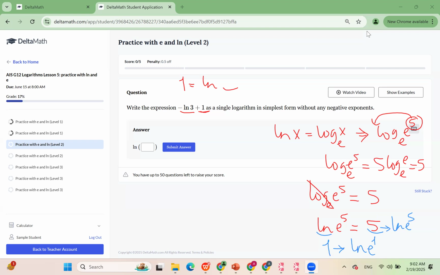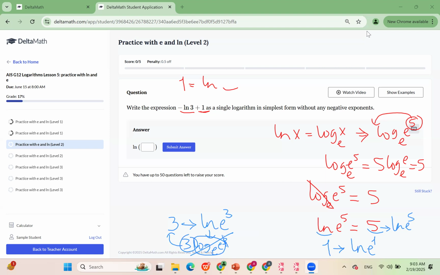For example, if we want to write 3 as ln of something, it becomes ln e power 3, because again, this would be the same as log base e of e power 3. We remove the power, we get it outside, and this expression here is equal to 1. So we end up with 3, which is what we originally had in the first place.